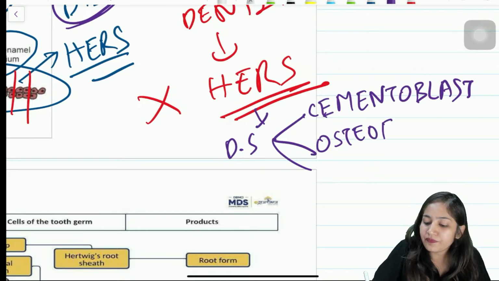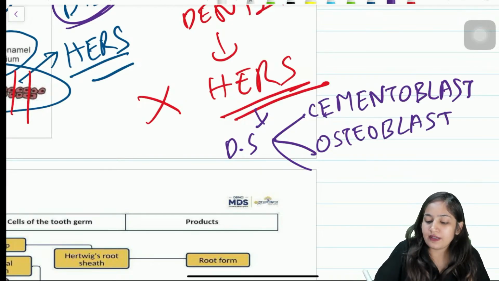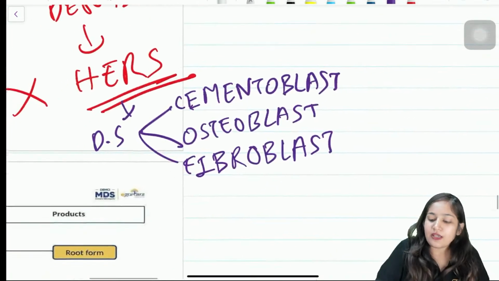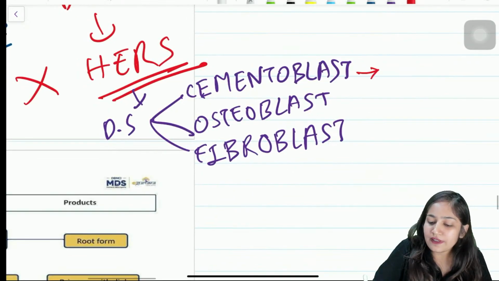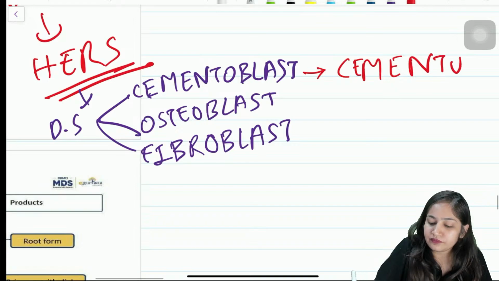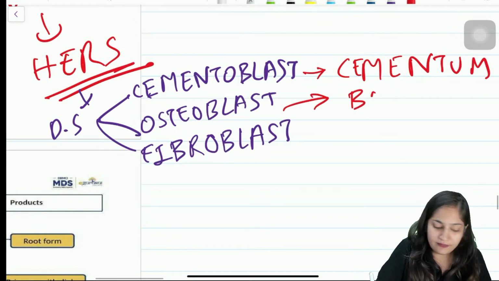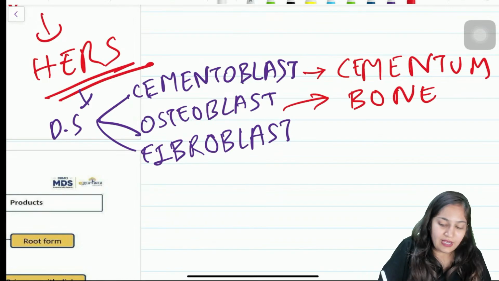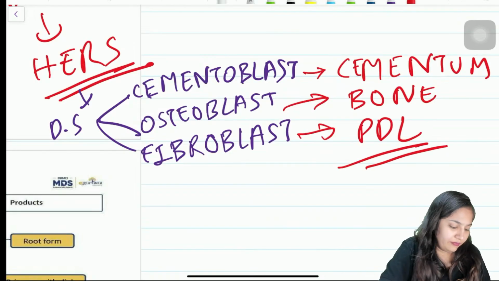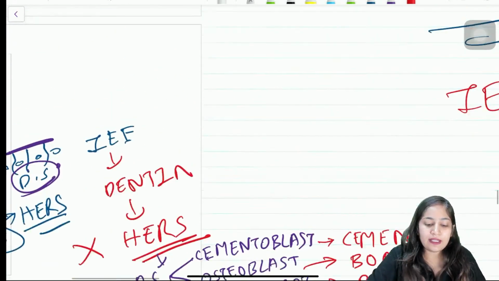Osteoblast and fibroblast. Right? Cementoblast will lead to the formation of cementum, cap, always remember cap, osteoblast, bone, and fibroblast, PDL. Right? Okay. So this is basically our root formation.